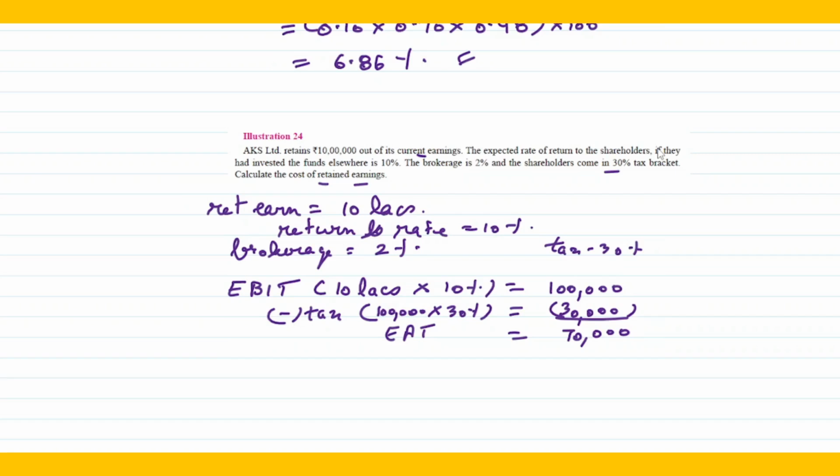Please remember the brokerage cost is always calculated on the actual amount that is supposed to be invested, that is 10 lakhs, and not on the earnings amount. I hope you get that. This 2% is on the 10 lakhs, the actual capital.